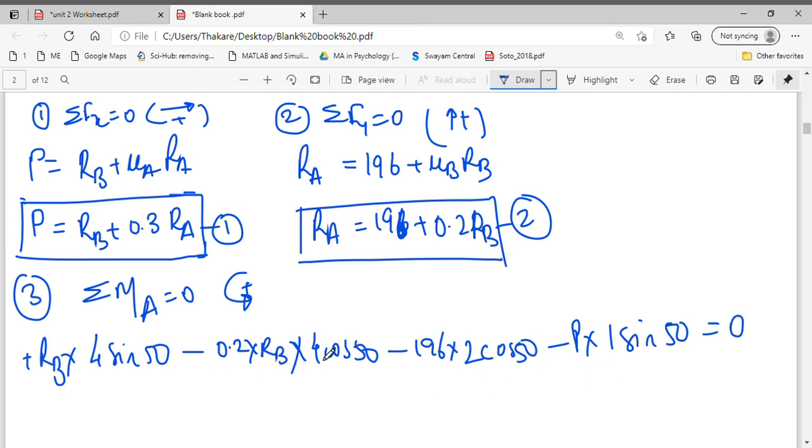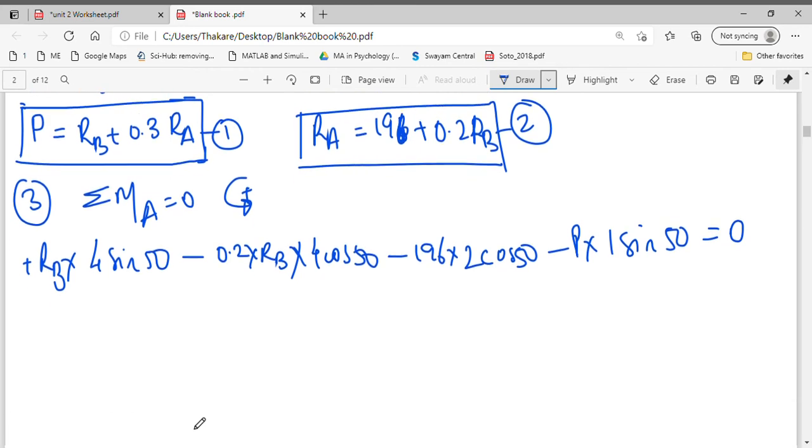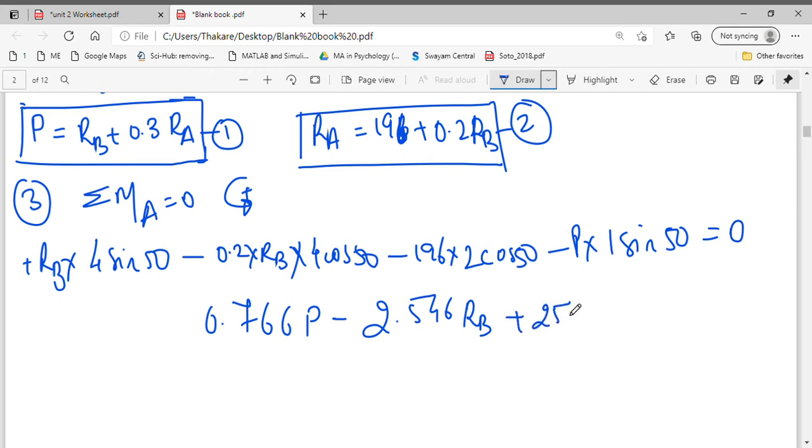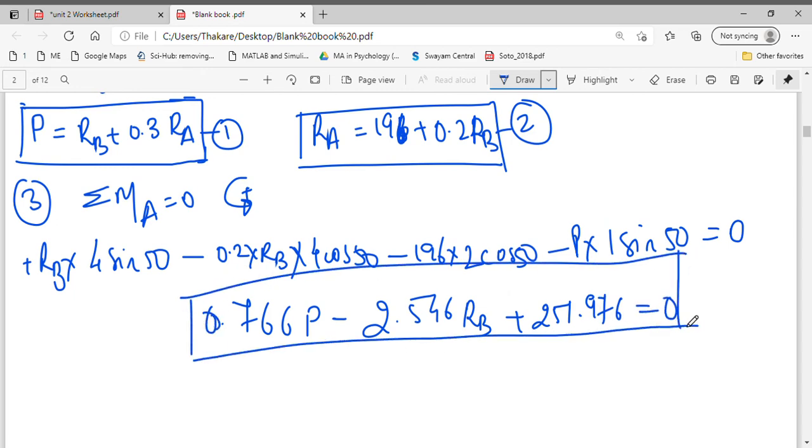On reducing this equation, we will get 0.766 P minus 2.546 times of Rb plus 251.976 equals to 0. You have one equation in terms of P and Rb.